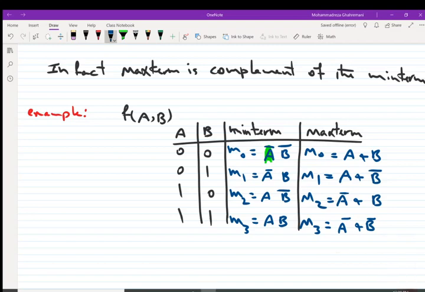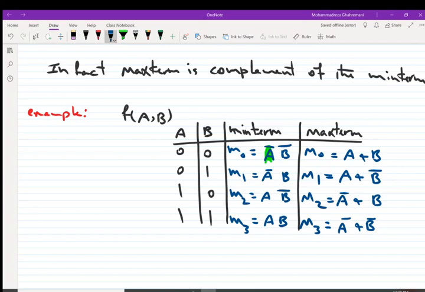Okay, now that we know what minterms and max terms are, we want to start a new topic, which is representing different functions. We have two forms of representing or showing a function.